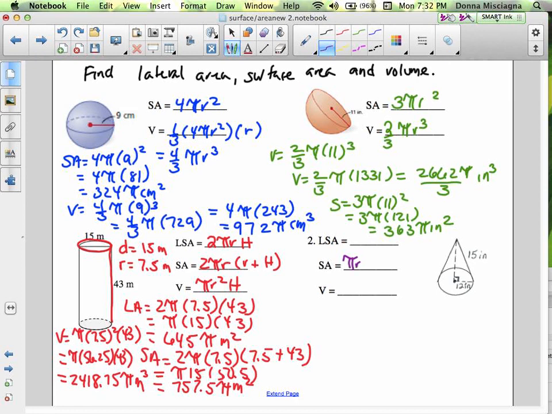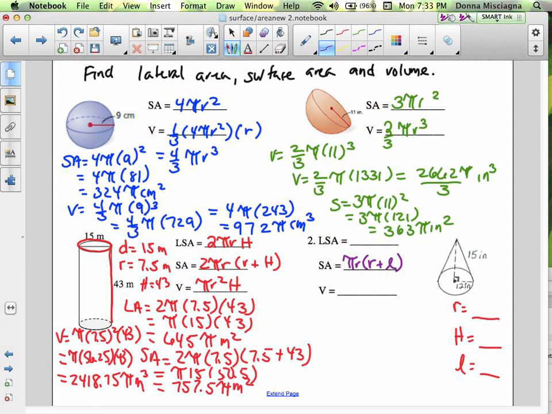We need to put a space here for the radius, height, and slant. Okay, we'll need those measurements. So surface area is pi r times r plus L. We use the slant because we're measuring the outside.